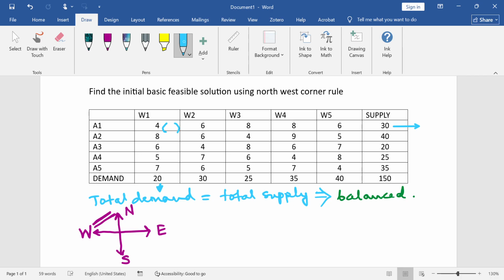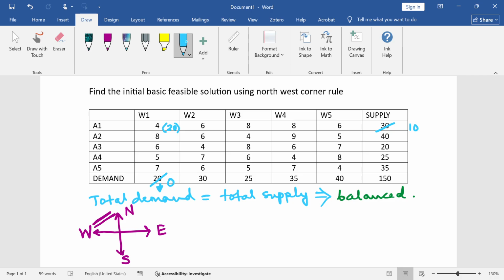So we need only 20. So therefore I can allocate 20 over here. What does this do? This means this demand is met. It becomes 0. And here this supply is still left. 20 gone, 10 is left over here. Right? Now, as long as the supply or demand is not exhausted, we have to proceed along that row or that column. This is the technique that we use in the northwest corner rule.